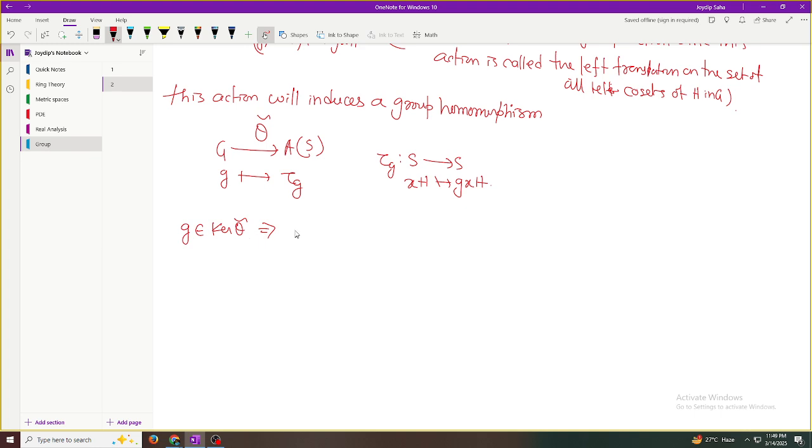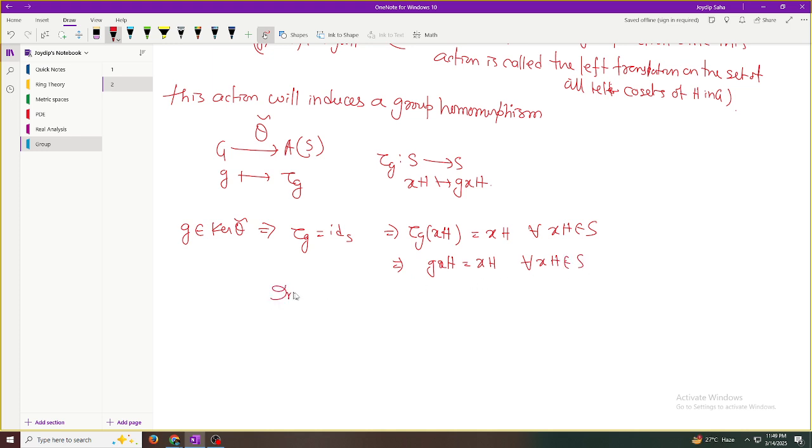This implies tau g equals identity on S. This implies tau g of xH equals xH for all xH belonging to S. This implies gxH equals xH.